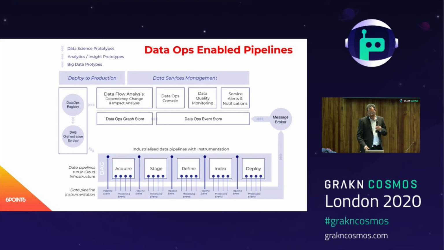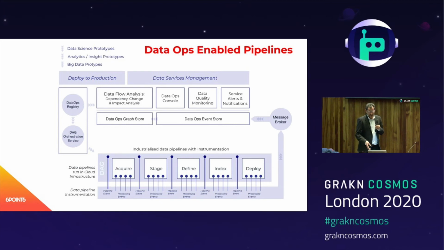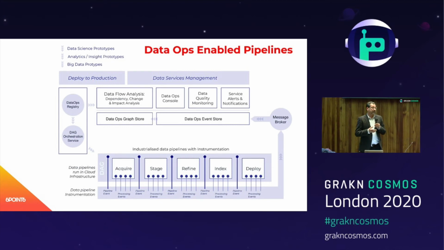So, simple rules. But we can query all of those things in the event store, which would include the outputs of data quality checks. And we could then summarize those into aggregate facts, which we could load into our ops graph store.